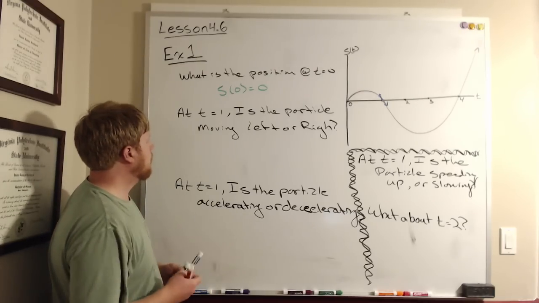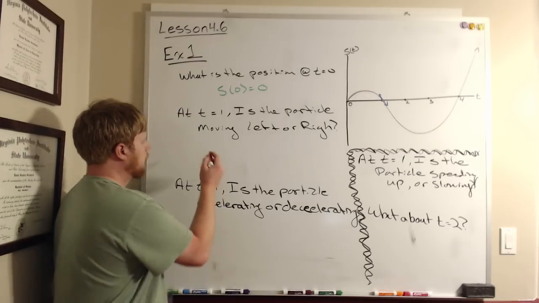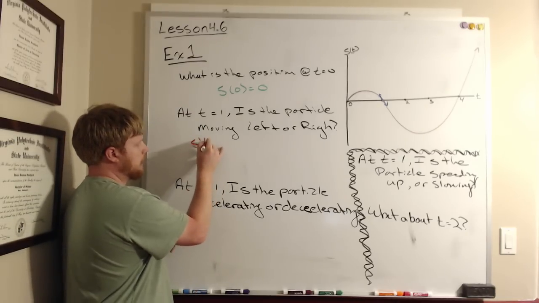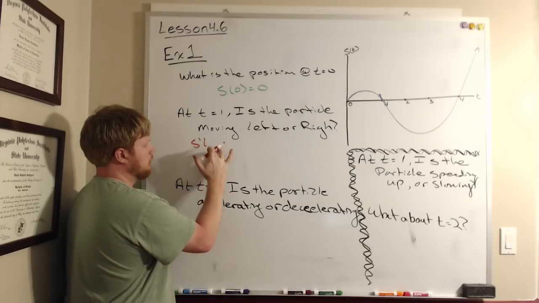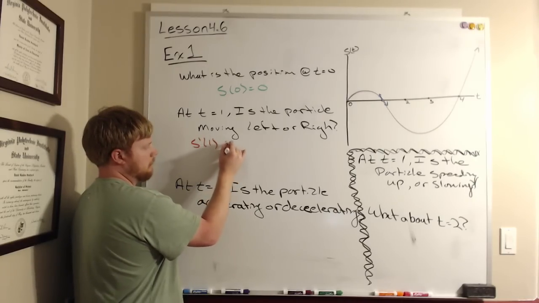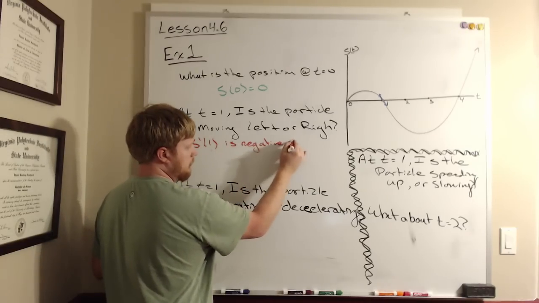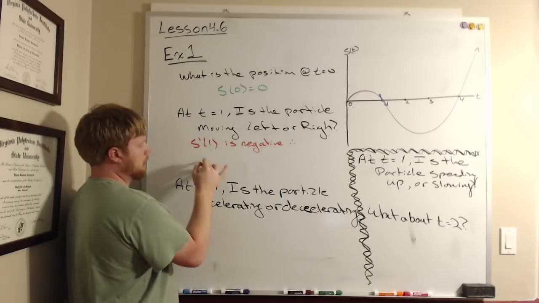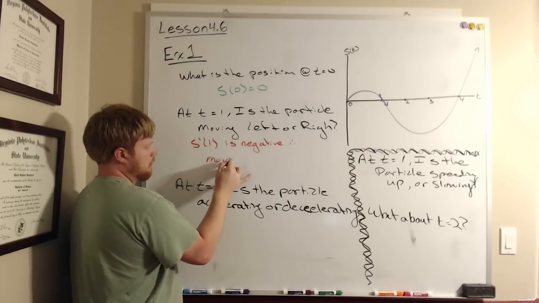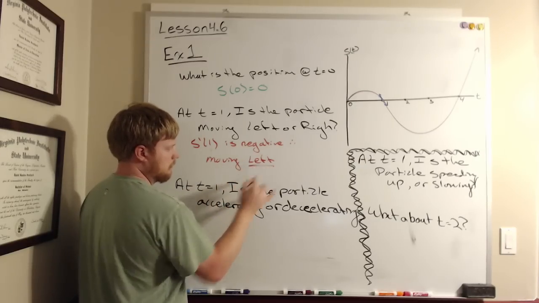So at time t equals 1, s prime of 1 is negative. Therefore, moving left.